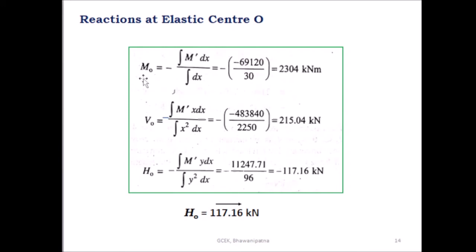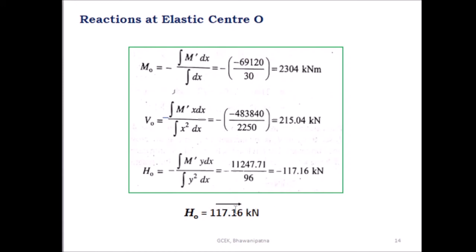So this is the moment at the elastic center O, this is the vertical force or vertical reaction, and this is the horizontal force or horizontal reaction at the elastic center O. Here the horizontal force you got is minus 117.16 kilonewton, so you have to change the direction of the horizontal force.